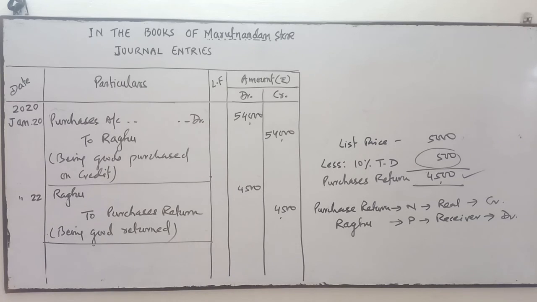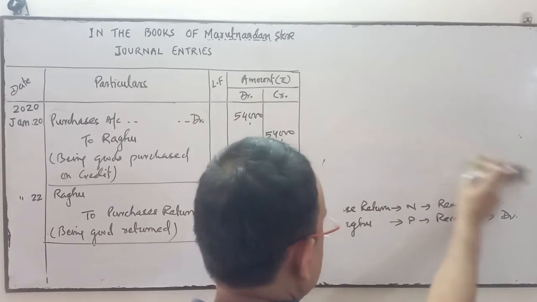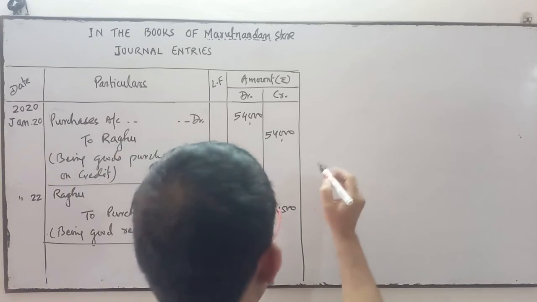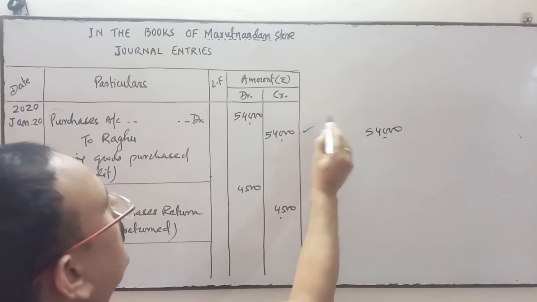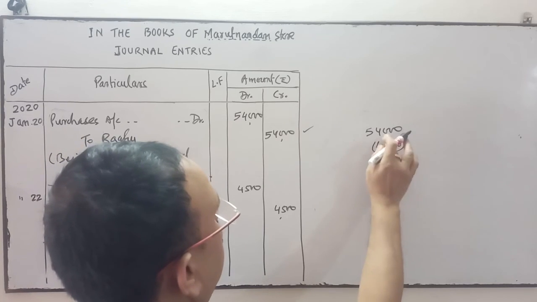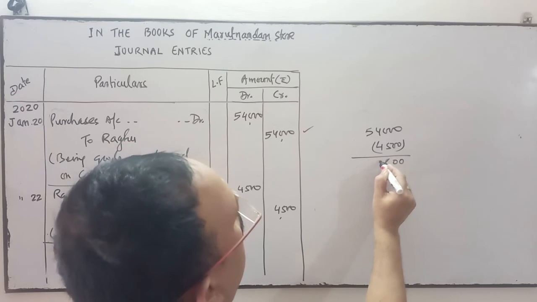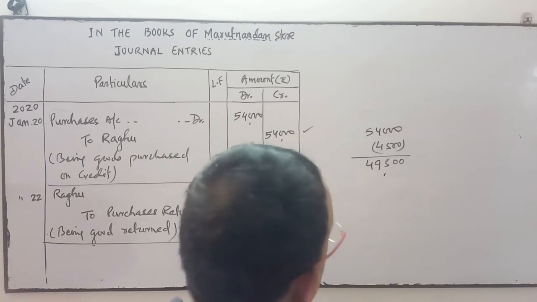Now see the next transaction. Paid cash to Raghu 49,000 in full settlement of his account. So finally we have purchased the goods from Raghu 54, this one, and we have returned this much goods to Raghu. So we have to pay 49,500.